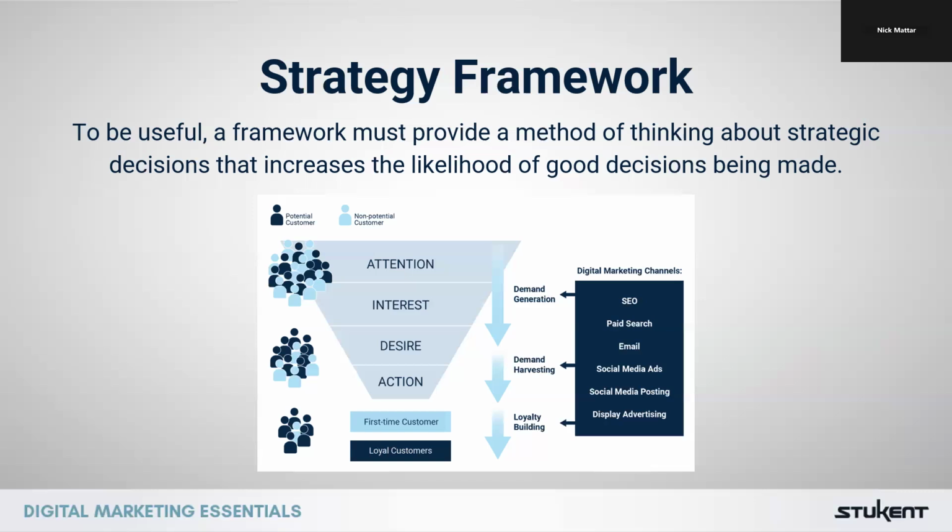Now, if you look next to the funnel, you will see demand generation, demand harvesting, and loyalty building. Demand generation is the process of essentially getting people to actually want your product. The ability to create demand is like inbound marketing.